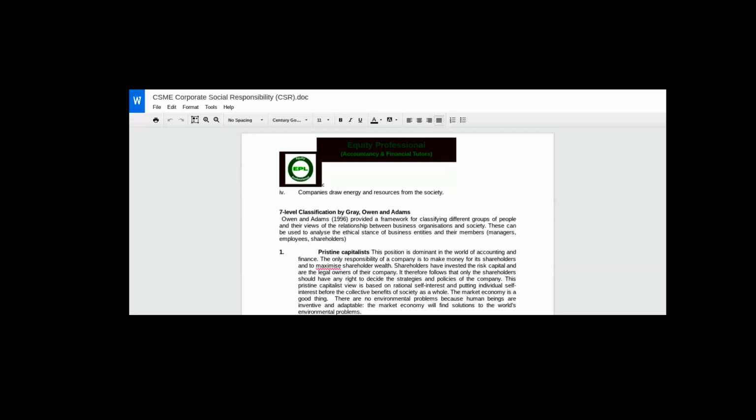So having a look at that, we quickly proceed by looking at the 7-level classification by Gray, Owen, and Adams. So in exam condition, this is how you are going to see the title in exam. You'll be required to discuss on Gray, Owen, and Adams 7-level classifications and perception about CSR.